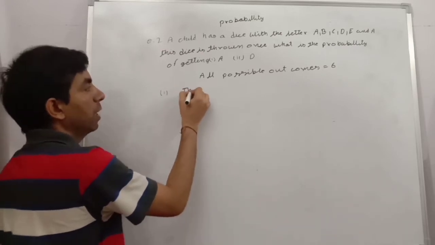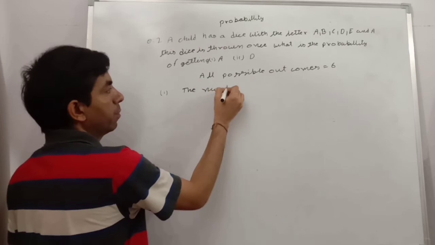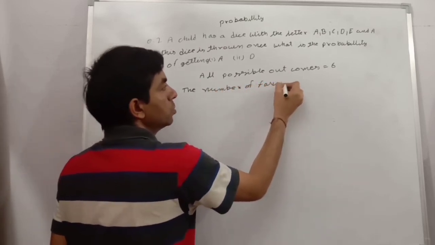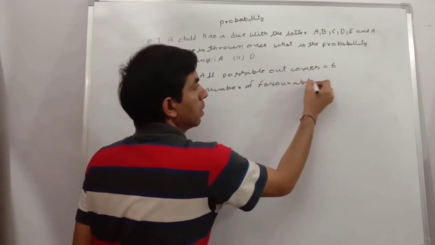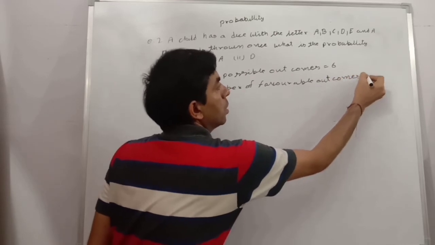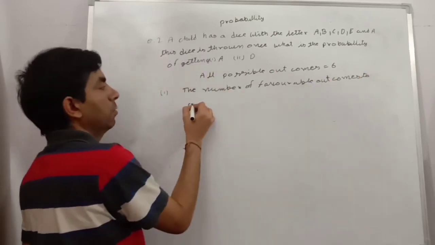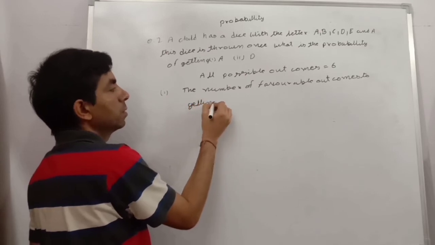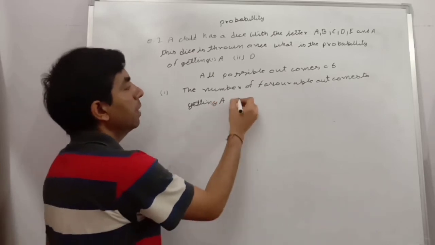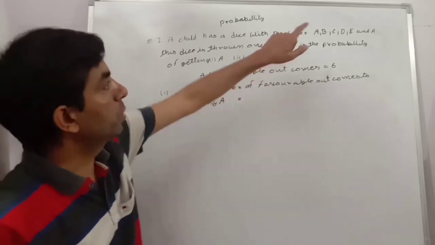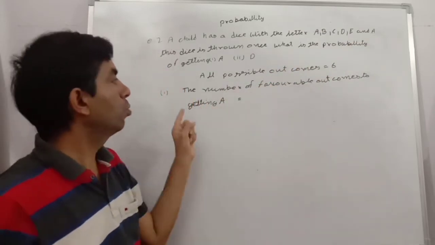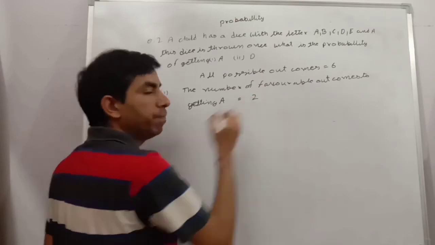The number of favorable outcomes for getting A: here we see that A comes 2 times, one here and one here. So the number of favorable outcomes for getting A is 2.